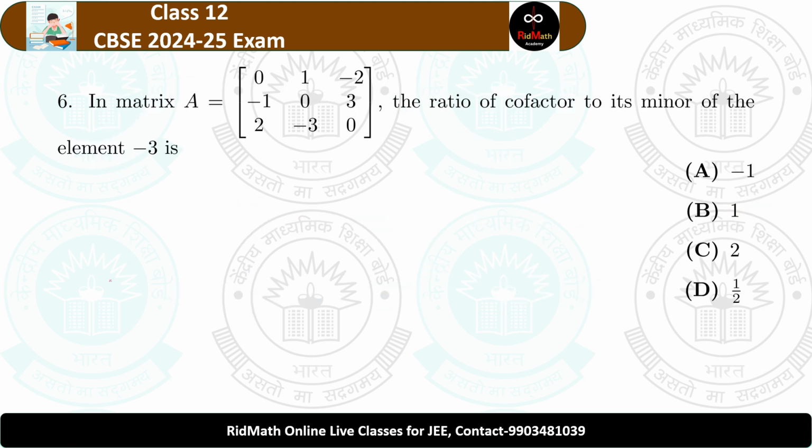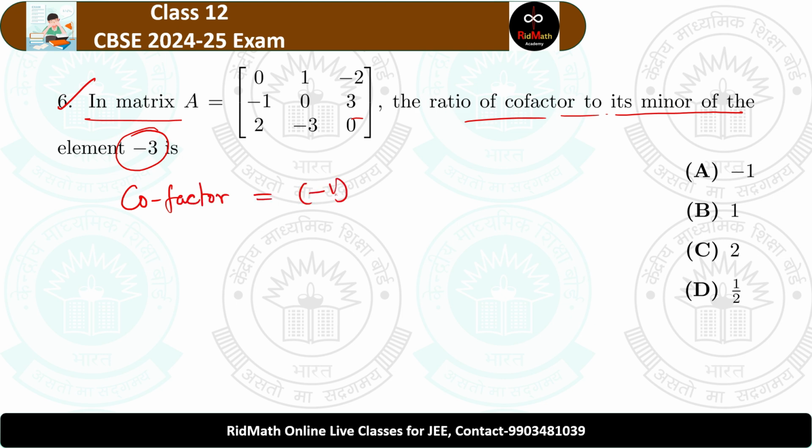Next problem. Problem number 6. In the given matrix, find the ratio of the cofactor to its minor of the element minus 3. So the cofactor of an element is minus 1 whole to the power i plus j multiplied by its minor. For minus 3, i is equal to 3 because this is the third row, and j is equal to 2 because it is the second column.